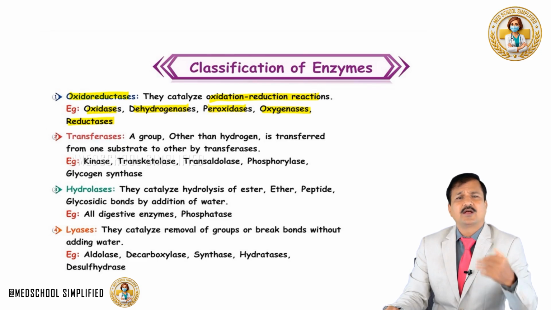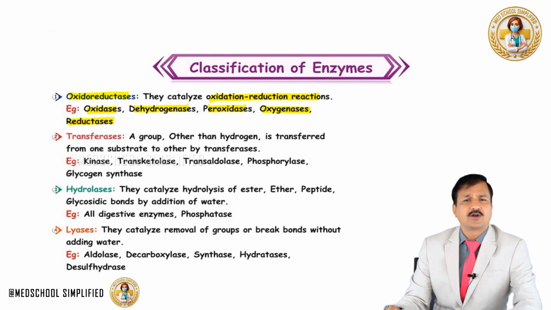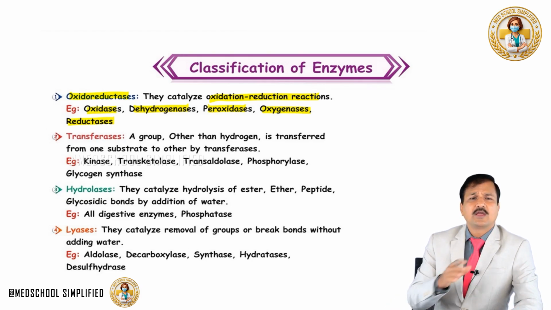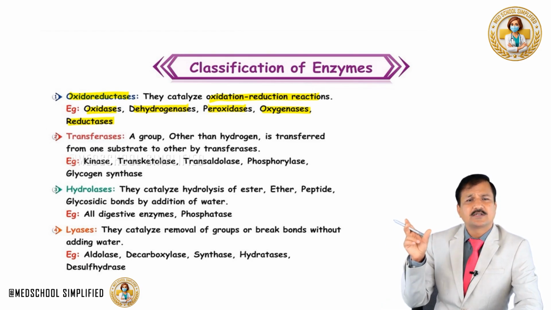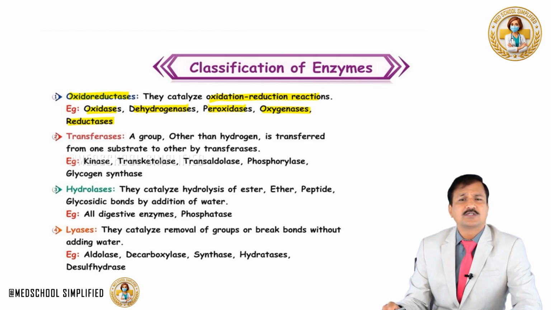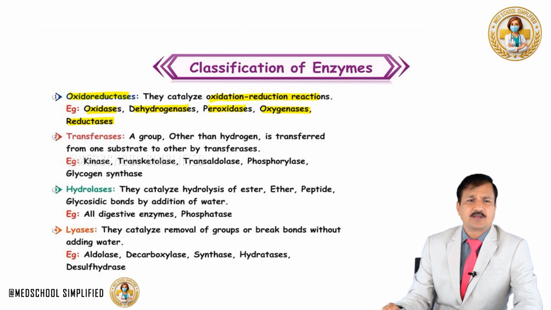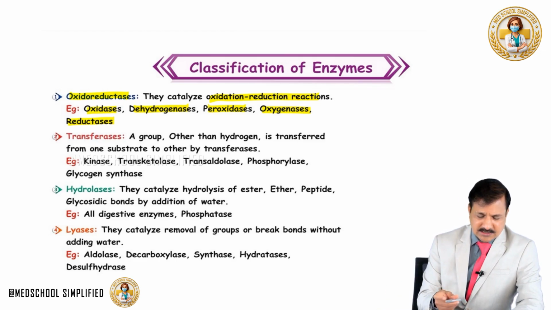Peroxidases, where hydrogen peroxide is neutralized into a water molecule. Oxygenases, incorporation of molecular oxygen into the reaction. Reductases. So any enzyme that ends as oxidase, reductase, dehydrogenase, oxygenase, or peroxidase, you simply put into the oxidoreductase class of enzymes.